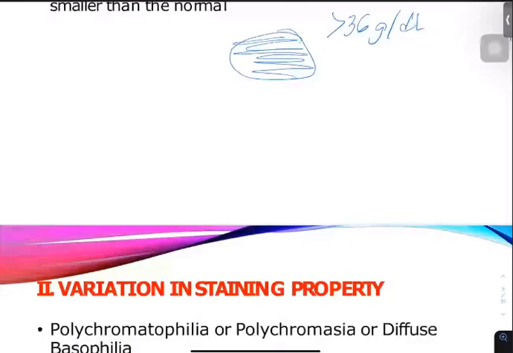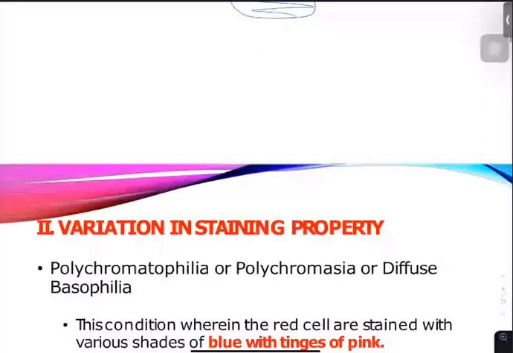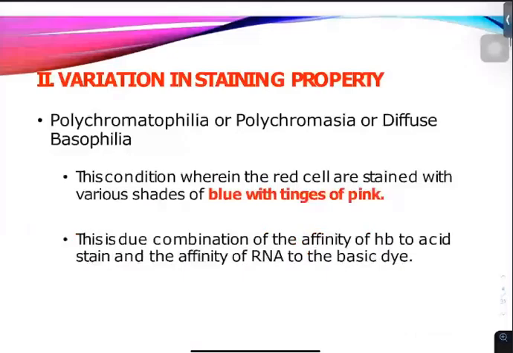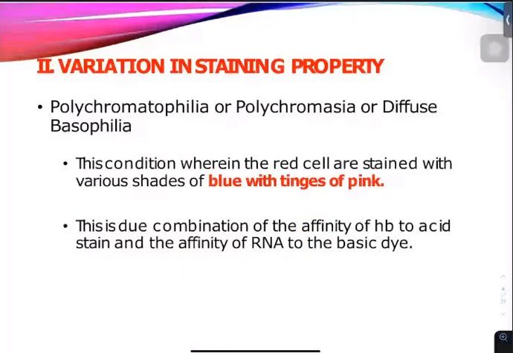Next is the variation in your staining property. We consider this as polychromatophilia, polychromasia, or diffuse basophilia. With this, your cell takes too much of the stain.